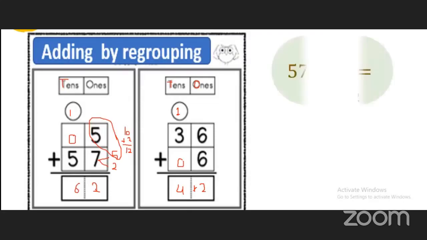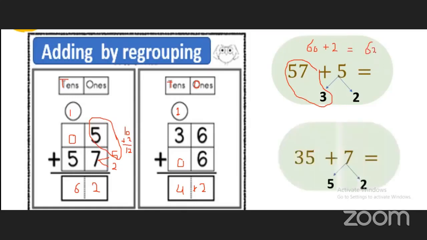Look at this figure. Here, 57 plus 5. I break up the number 5 into 3 and 2. 57 plus 3 will be 60. Okay, then 60 plus 2 will be 62. Another example, 35 plus 7.